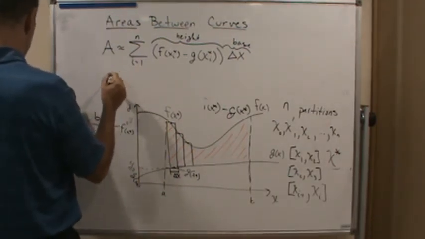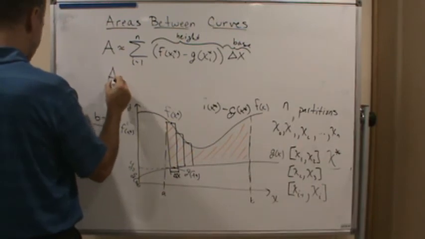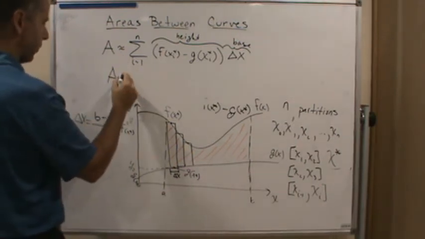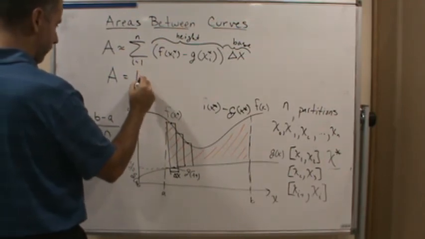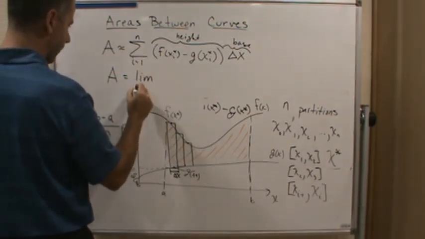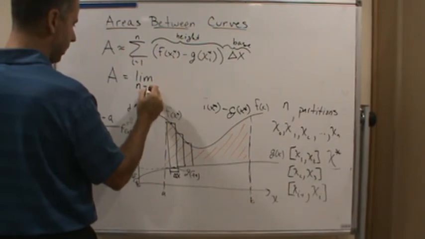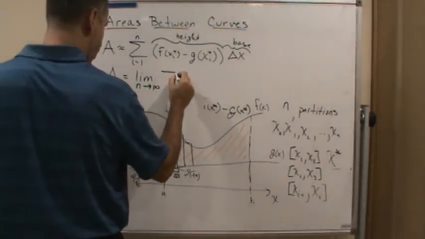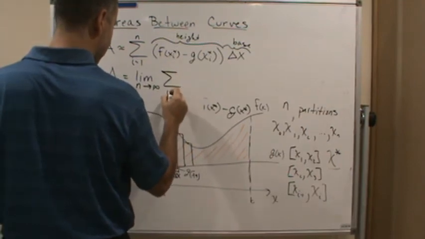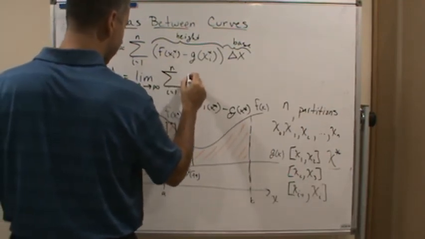So what happens then? Now this was an approximation, so A equals the limit as n approaches infinity of this sum, i equals 1 to n.